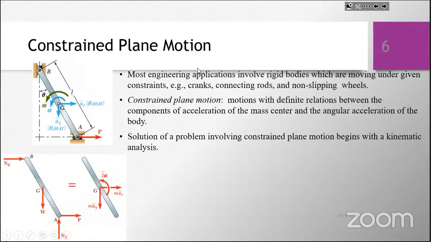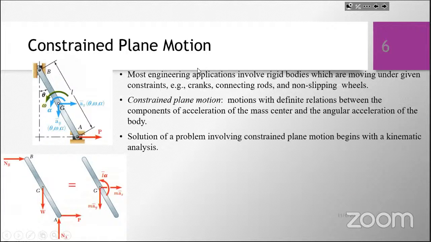Typically, when we have these types of problems with constrained planar motion, we are going to want to start with a kinematic analysis. Remember, we spent a couple of weeks and a homework basically doing these relative velocity and relative acceleration equations, and talking about how when we have general plane motion, we do a rotation and we have a translation and we hold that constant, and we do a rotation about that point.